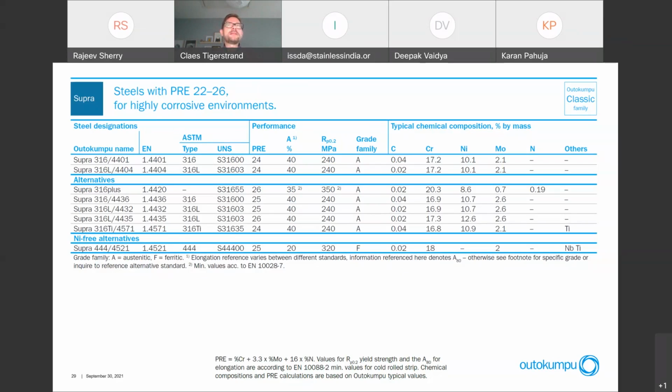So it's basically the nitrogen adding to the strength. You get approximately 100 MPa additional strength by this grade where you have a relatively high nitrogen content. At the bottom, you also see the ferritic alternative within the Supra range as well, the 444.